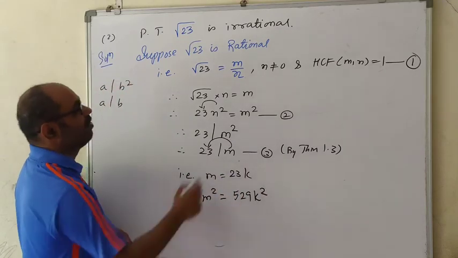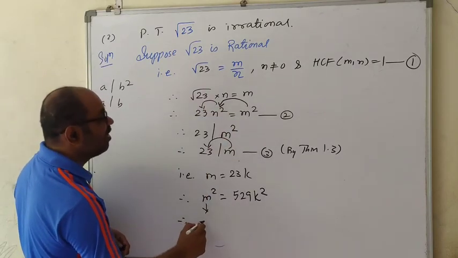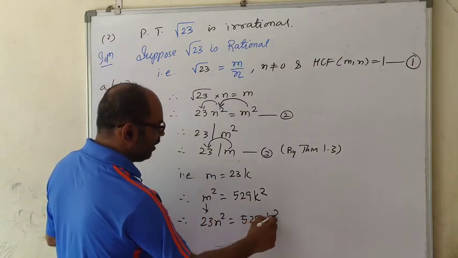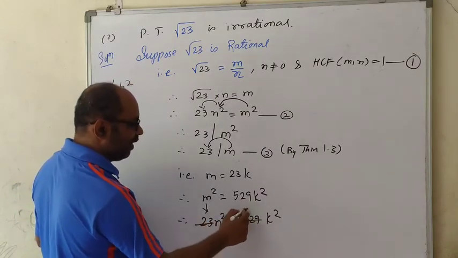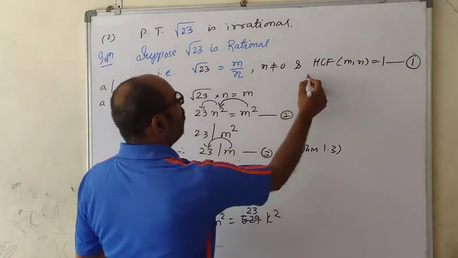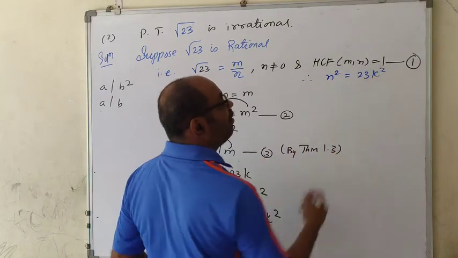Alright. Now what is the value of M square? 23 N square. So put the value. 23 N square is equal to 529 K square. 23 ones are 23, 23 23s are 529. So what you got? Therefore, N square is equal to 23 K square.